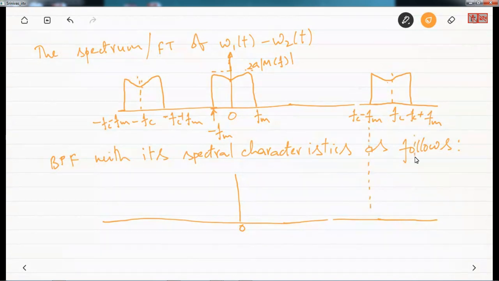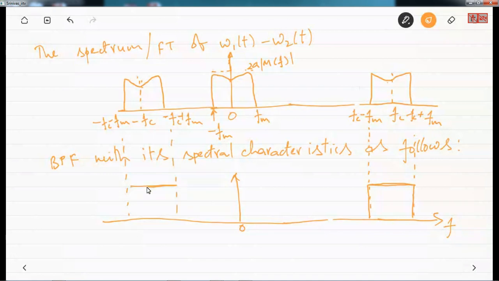We want a band pass filter having this kind of characteristics. So the band pass filter should pass the frequencies only.